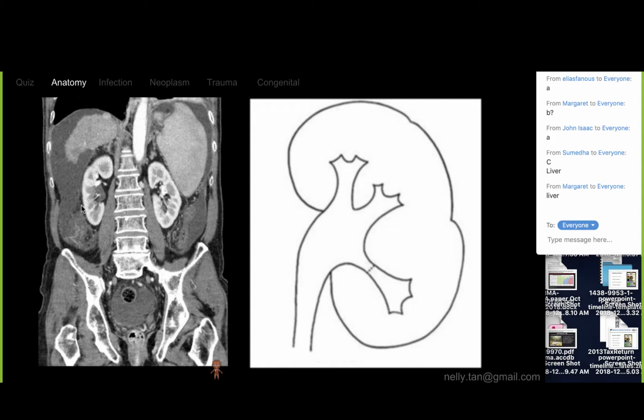But I show this because it shows the kidneys well. The kidneys are in the retroperitoneum, in contrast to the peritoneum, which contains organs like the liver, spleen, parts of the stomach, and all the small bowel. The retroperitoneum contains kidneys and the ureters, and it's a separate compartment from the peritoneum.